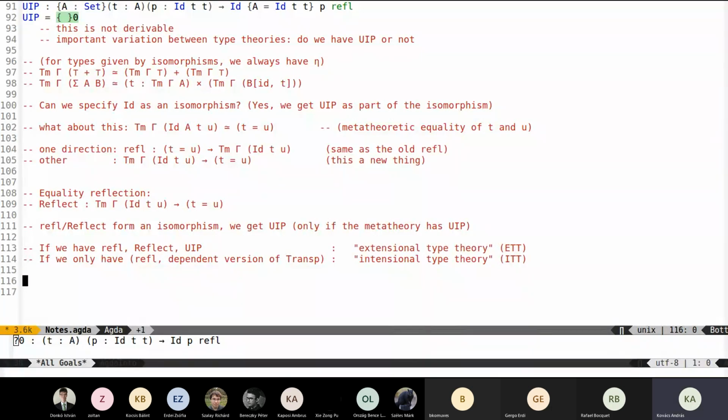Okay, but there is an important property of ETT, which is a bit problematic from a practical standpoint: type checking is undecidable. Type checking, and meta theoretic equality of terms, equality of terms and types, are all undecidable.